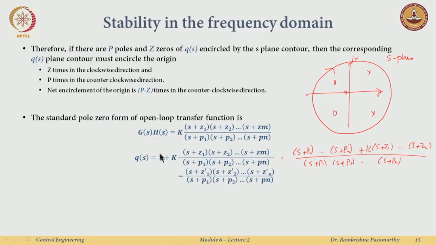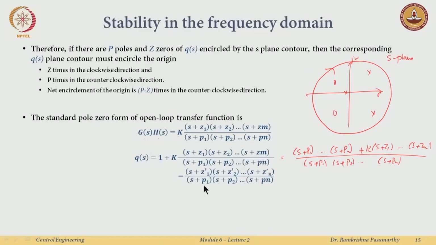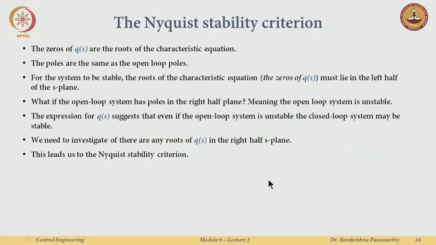We are just dealing with 1 plus K times this, or 1 plus GH, only the characteristic equation. And the poles of Q(S) are the same as the open loop system poles.